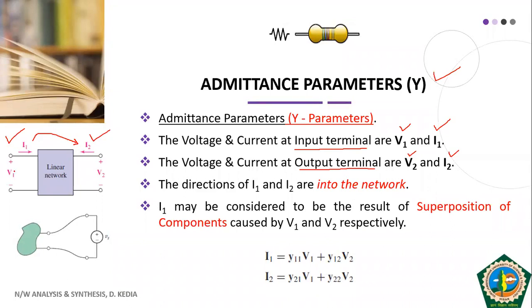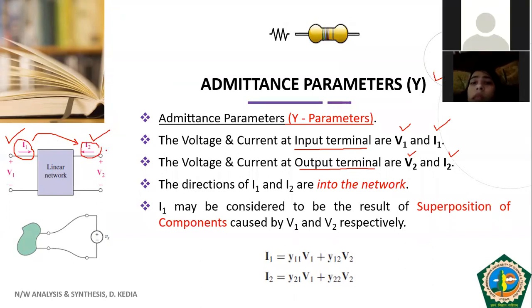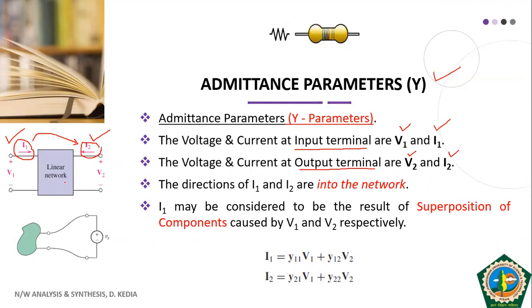Okay, another important thing that you must notice here is that the currents at the input as well as the output are both directed into the linear network. So you see here, I1 is directed into the linear network, I2 is also directed into the linear network.